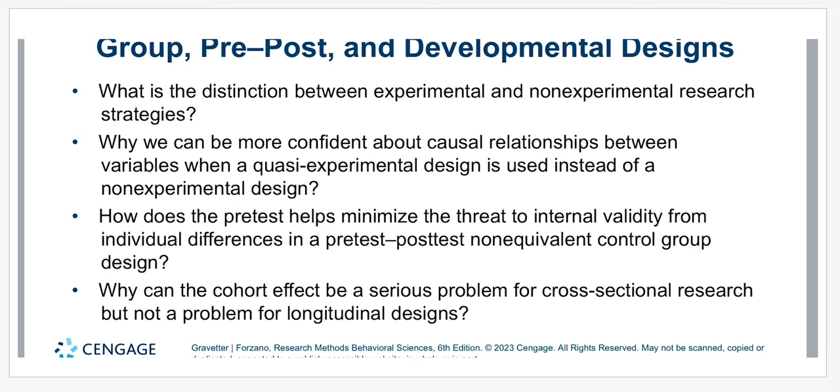But because you're getting scores from different ages at the same time, people who grew up in different eras, with different history, and experienced different times in our world and our culture, there could be differences in their cohorts that can be a problem for interpreting your results. Maybe the differences on the dependent variable had nothing to do with age and had more to do with how they grew up, and the things they experienced in their generation.